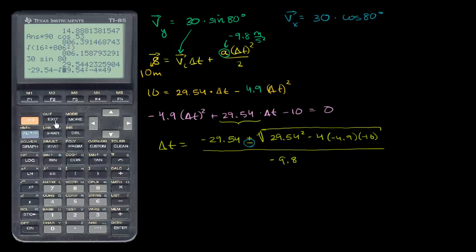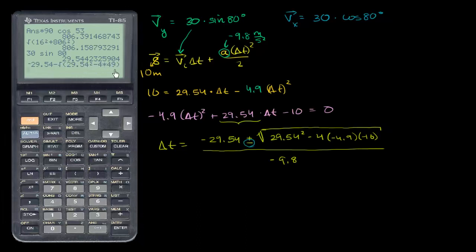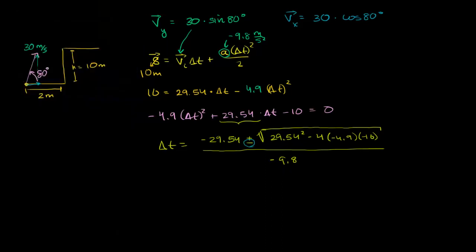So this right here will give me the numerator if I evaluate this. It gives me a negative value, and then I divide that by negative 9.8. So divided by negative 9.8 gives me 5.67 seconds. This is equal to 5.67 seconds.